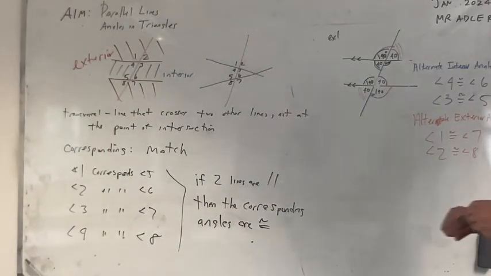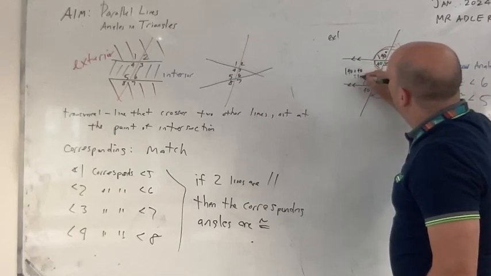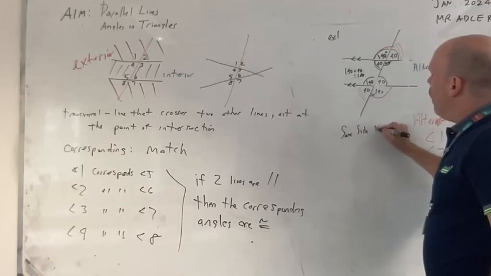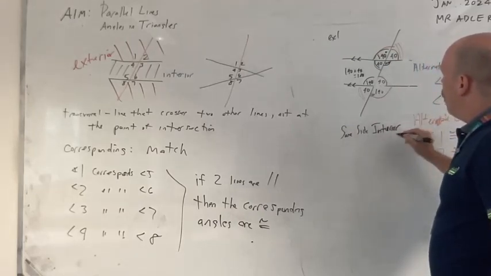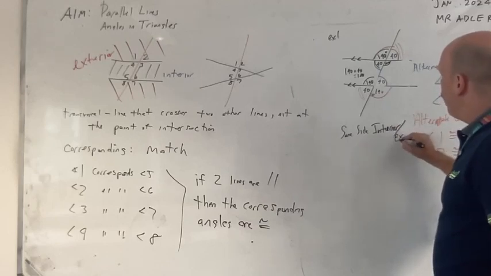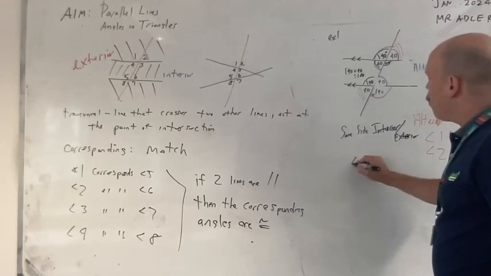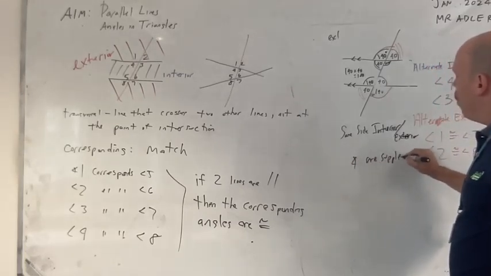So another relationship is that this 140 plus 40 equals 180. So same side interior or exterior angles are supplementary.